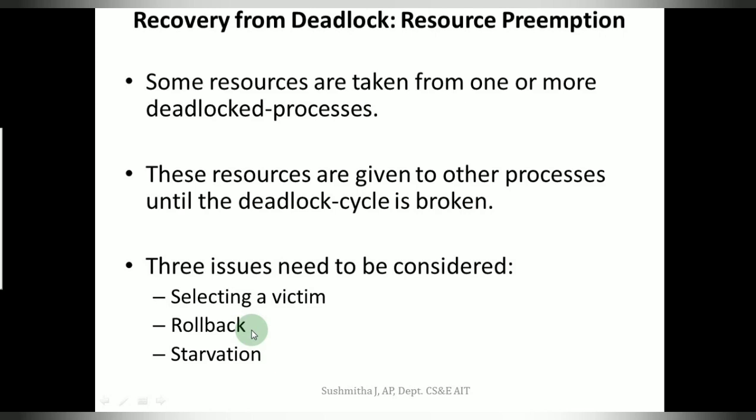If there is a process, say P1, and P1 is selected as the victim every time, the process P1 can never complete its execution and will eventually end up with starvation. So these are some of the issues that we should take care of when we are using the resource preemption mechanism. This brings us to the end of deadlocks.